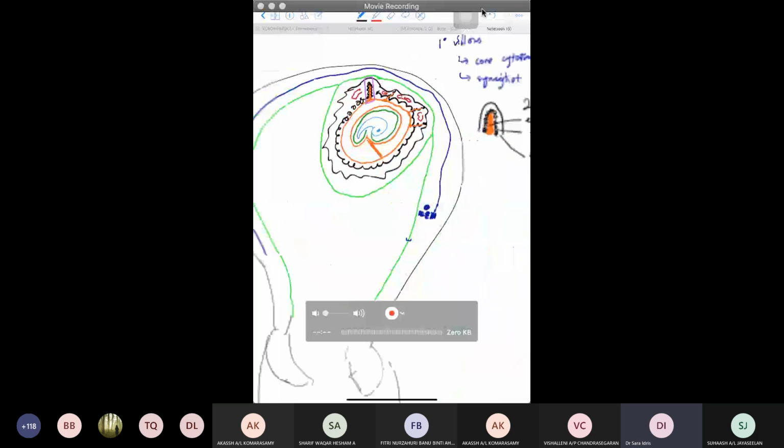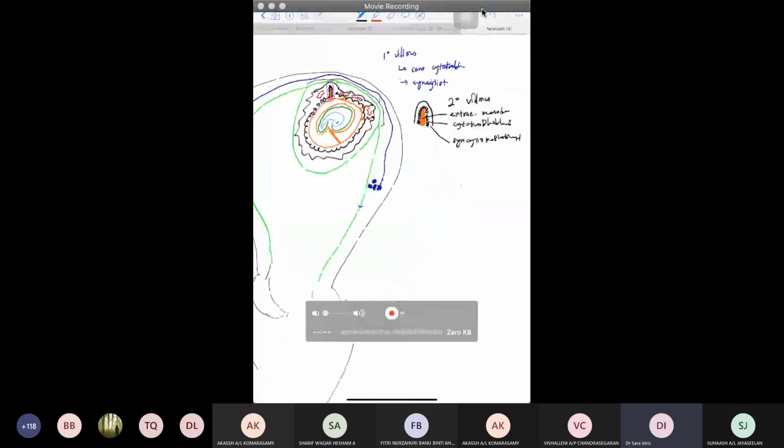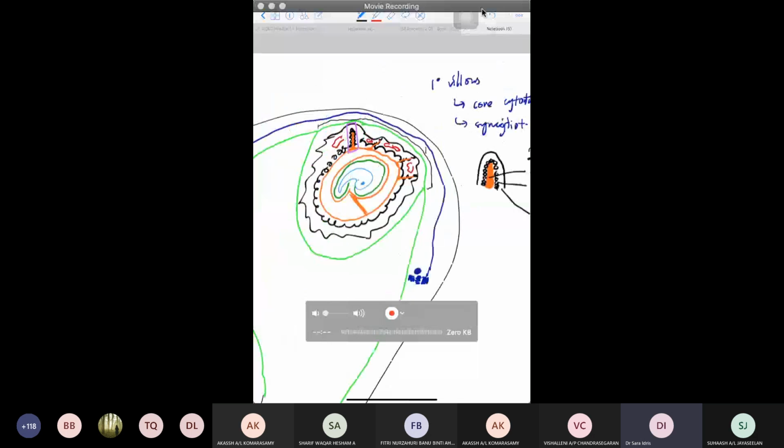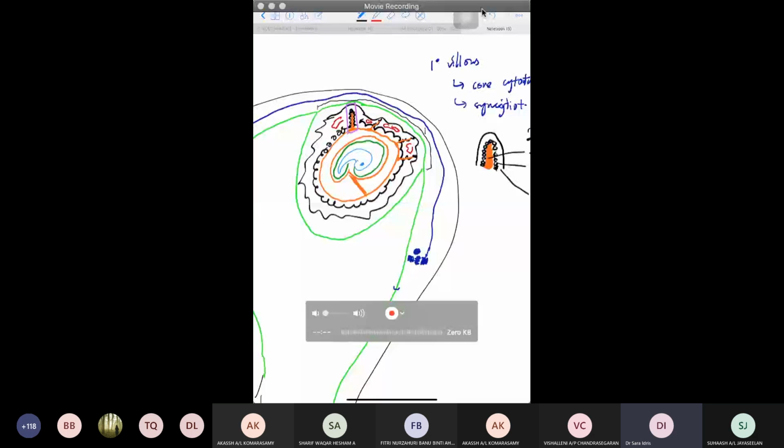Okay, so if I were to show you all of this part of the decidua, we name it as number 1. This decidua here, you can see in green, is in between the product of conceptus and the myometrium.